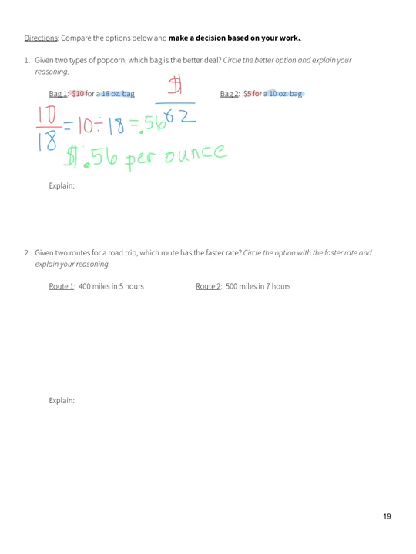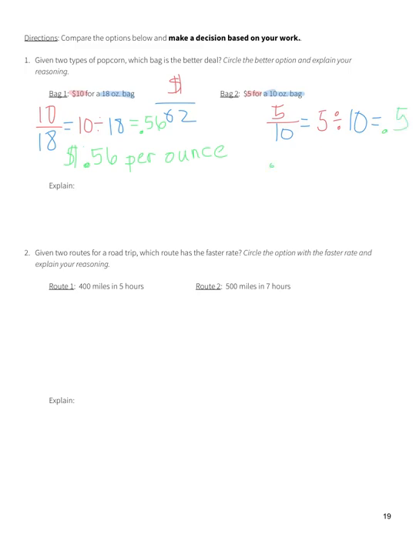Now we need to determine the cost of bag 2. So we are comparing our dollars to ounces, so dollars is on top, $5. Our ounces is on bottom, 10. How do I solve? I divide my numerator by my denominator, 5 divided by 10, and that gives me an answer of 0.5.